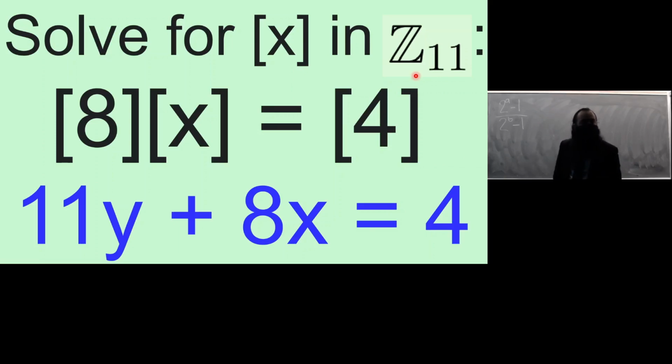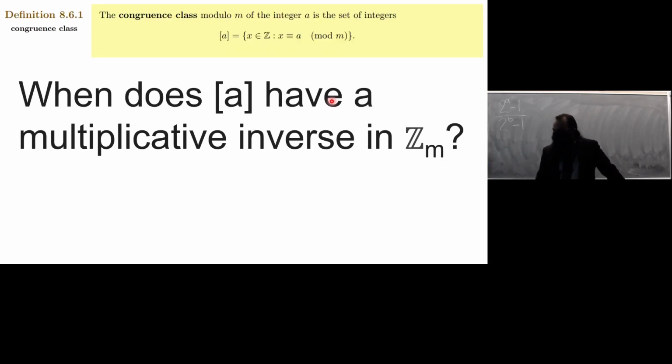It's the set of all congruence classes mod 11. So who asked that? That was Vihan, right? So you got it now? Okay. So it's the set, the congruence class 0, the congruence class 1, the congruence class 2, all the way up to the congruence class 10. The set of congruence classes, mod 11.